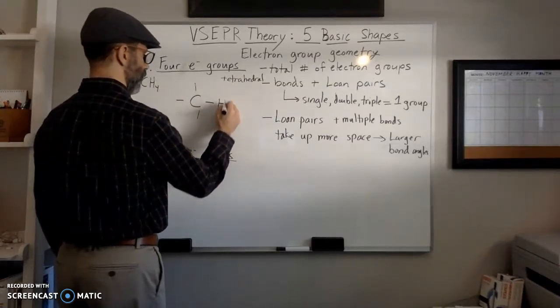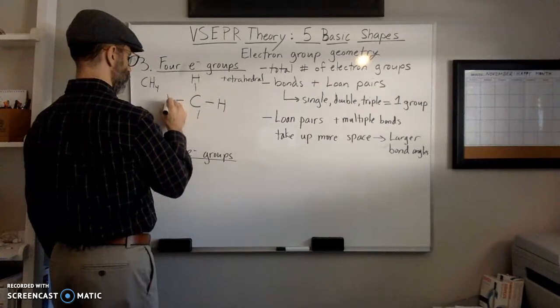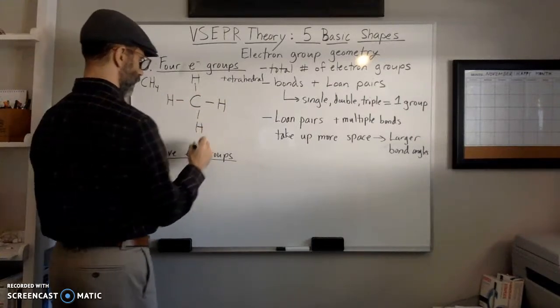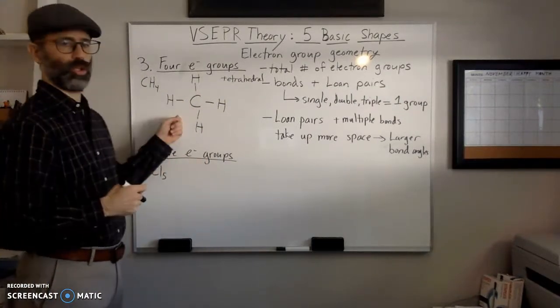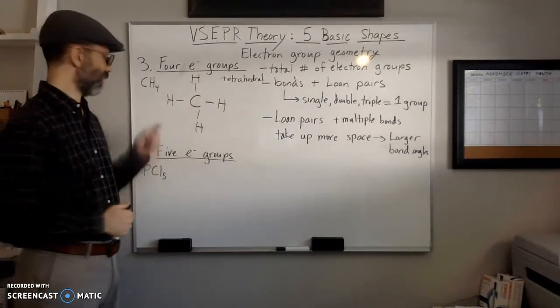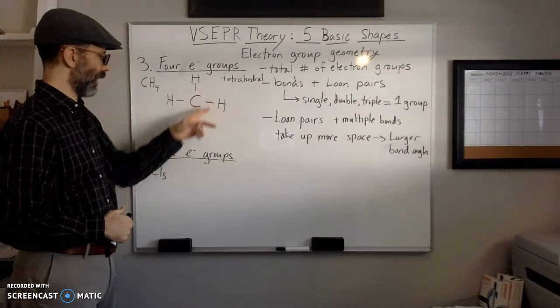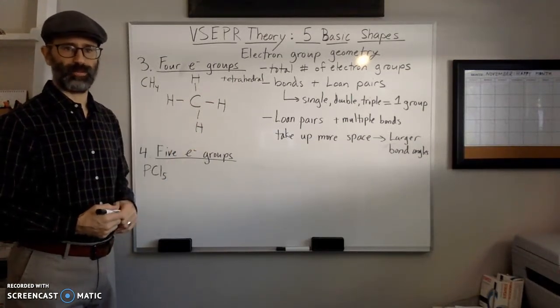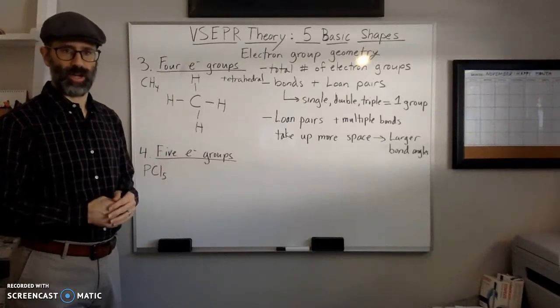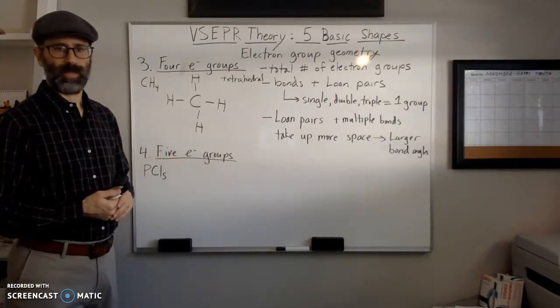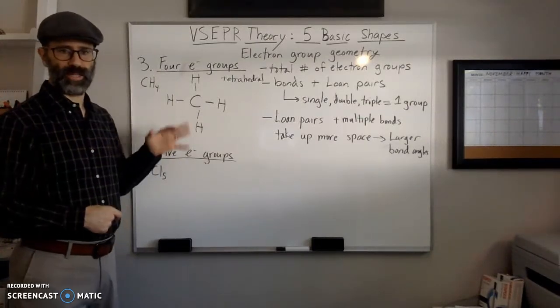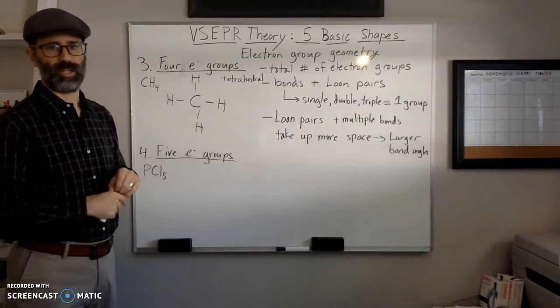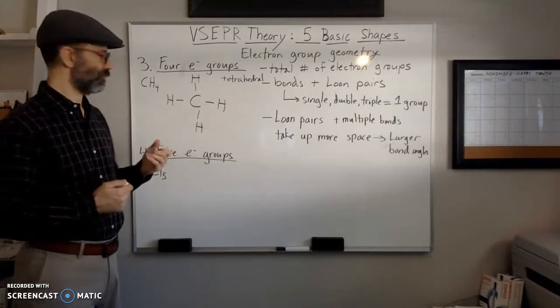So we have H, H, H, H. This is the Lewis dot structure for methane. And notice the way I draw it is that they're all at 90 degree angles from each other. That's just the way you draw it as a Lewis dot structure. You're not going to draw this in a three-dimensional structure unless you're asked to.